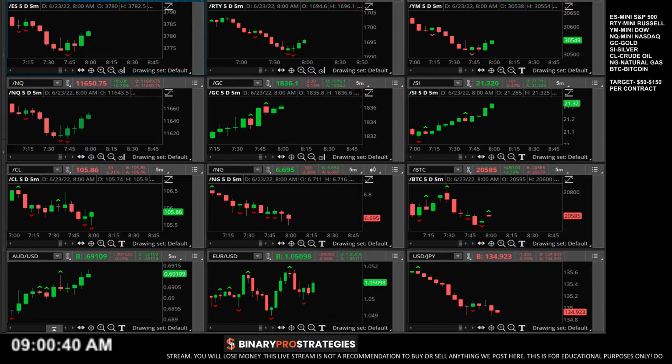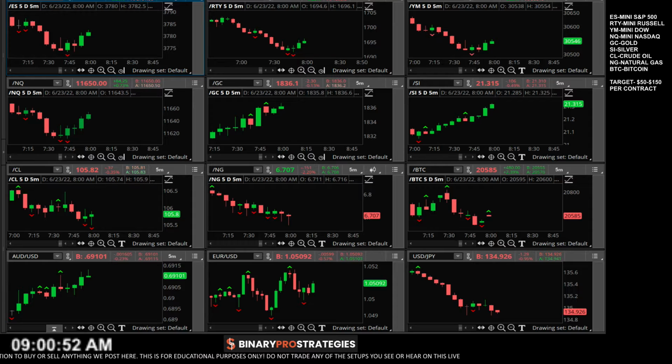Those are the indices. On the futures side, commodities, we'll be looking at GC for gold, SI for silver, CL for crude, NG for natural gas, BTC for Bitcoin. And for Forex, we're going to be watching three currency pairs: Aussie US, Euro US, and US yen.